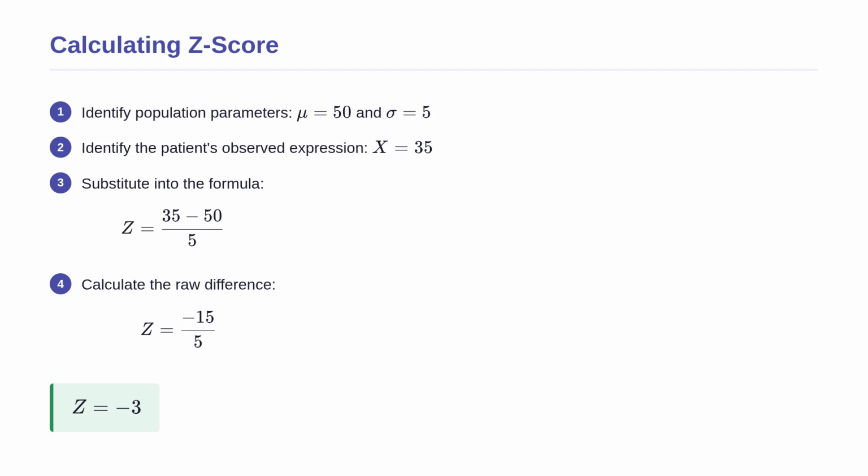Subtracting 50 from 35 gives us -15. Dividing -15 by 5 gives a final z-score of -3. This means the gene's expression is 3 full standard deviations below normal. Since any z-score beyond -2 is highly significant, this proves the drug successfully suppressed gene B.